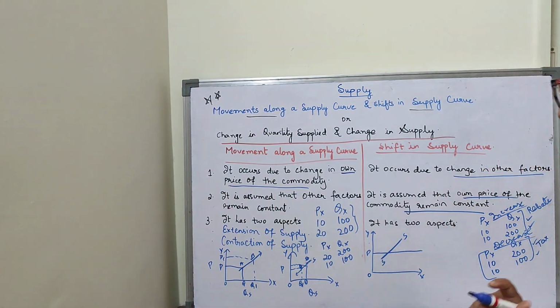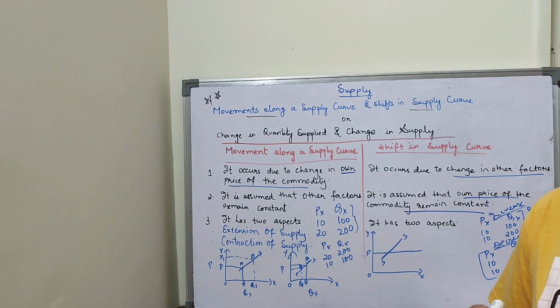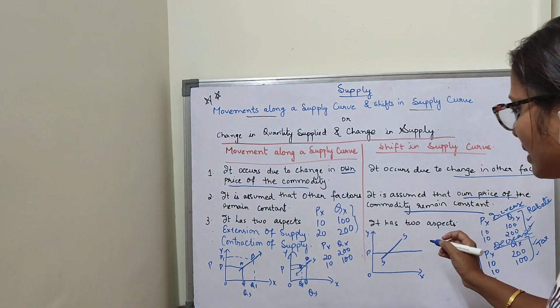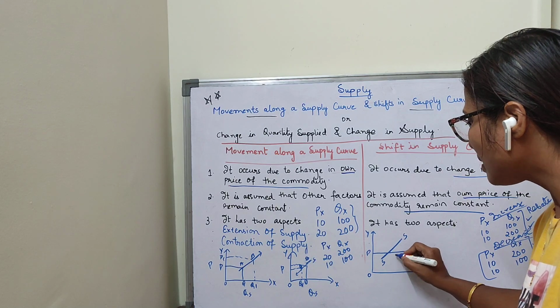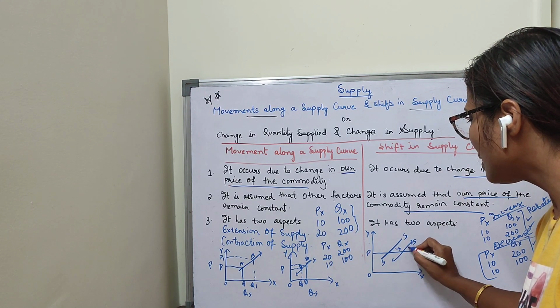Now, suppose what happens? My quantity supplied increases due to the other factors. So supply increases due to the other factors, technology, you say taxation policy, rebate. So the government has given the rebate. So when the government has given the rebate, price is constant, my supply increases. So here my new supply curve comes. So this is SS.